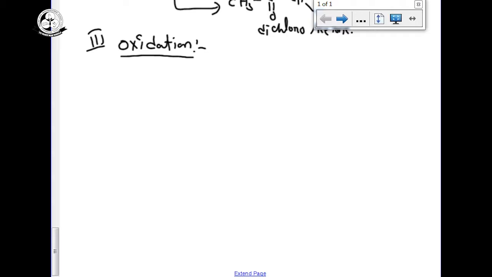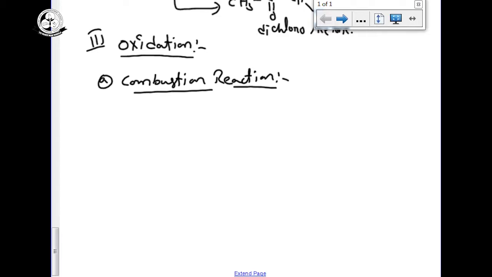Alkynes on reaction with air or oxygen. The first one is the combustion reaction. We know what is meant by combustion reaction.